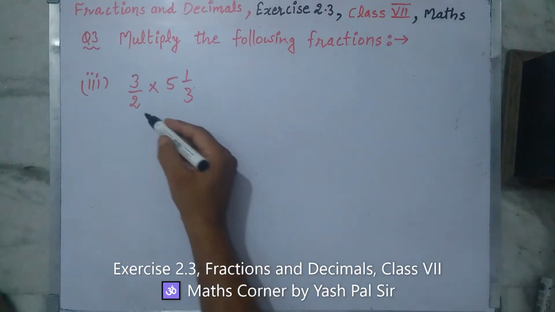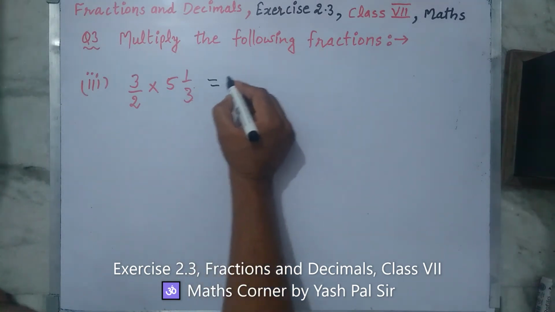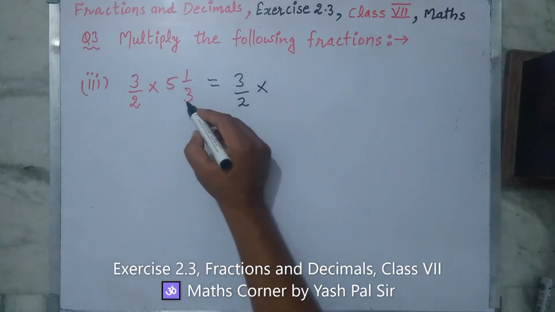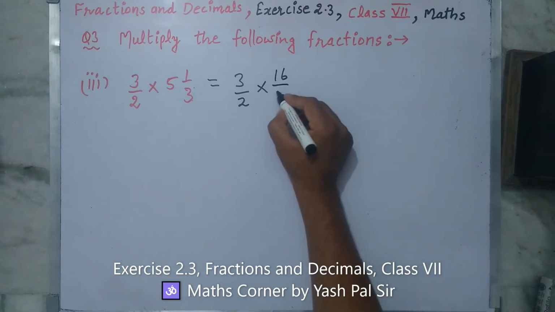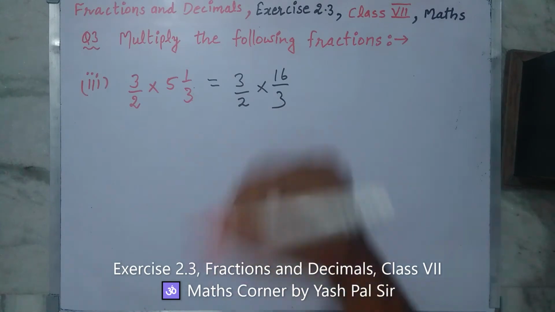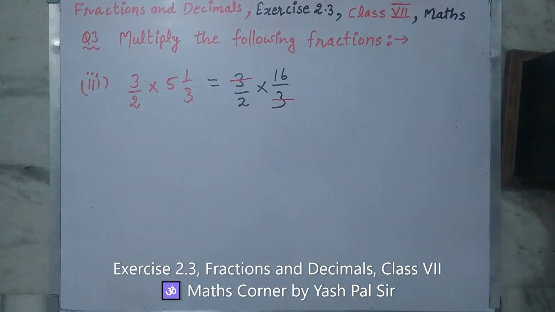Now third part, 3 by 2 into 5 and 1 by 3. That means 3 by 2 into 5 into 3, 15. 15 plus 1, 16 upon 3. So first of all, this is very interesting that 3 is in the numerator and 3 is in the denominator.